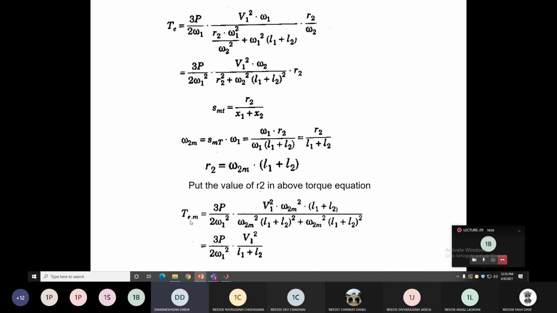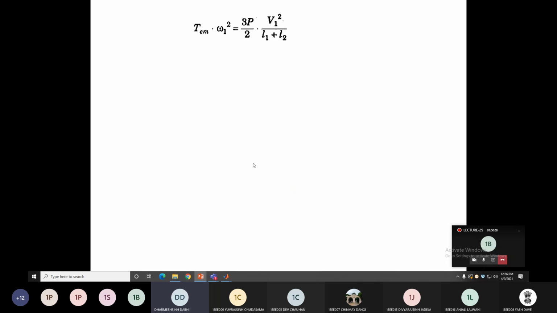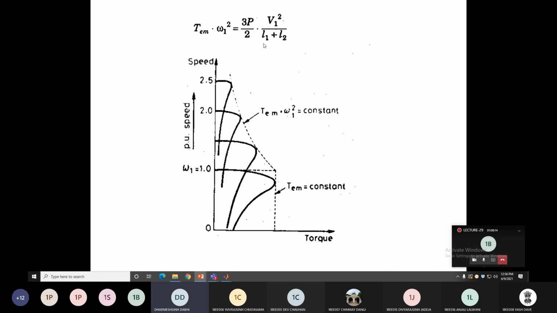So the torque multiplied by this speed in radians per second, omega 1 square, gives a constant product: Tem into omega 1 square remains constant.